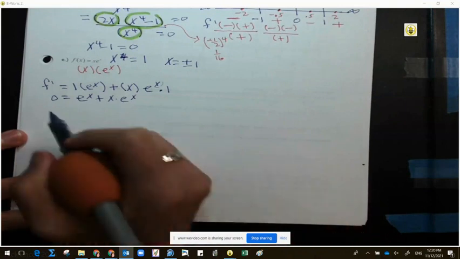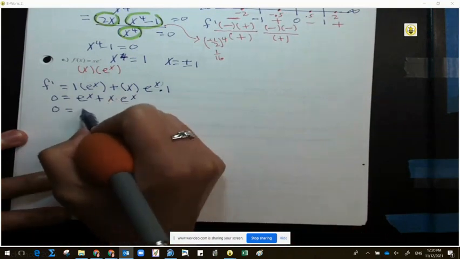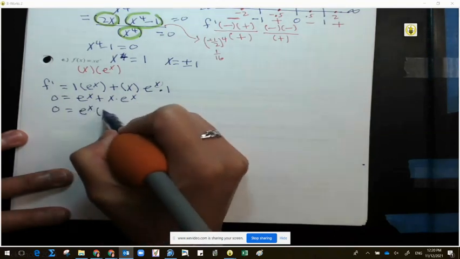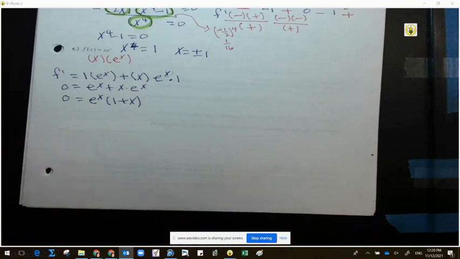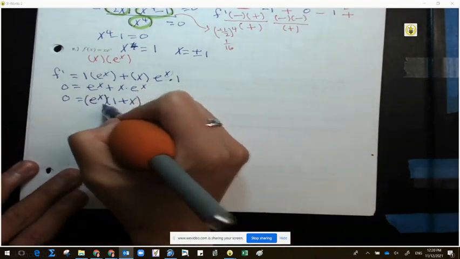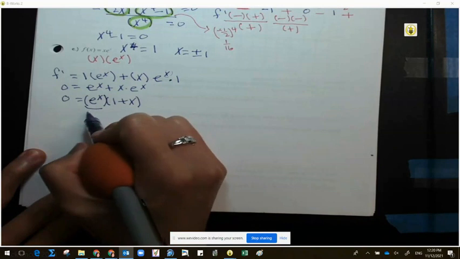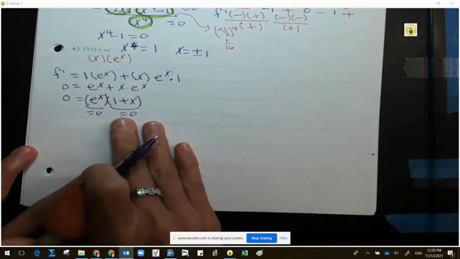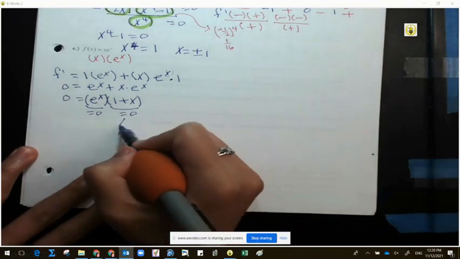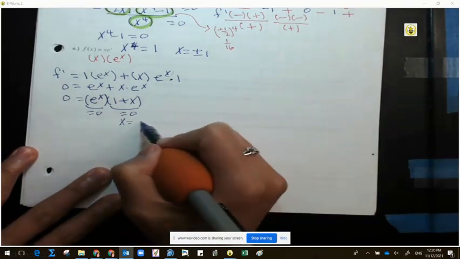What can I factor out? e to the x. So when I do, I get 1 plus x. And I'm going to put that in parentheses. So I need to set this one equal to 0 and this one equal to 0. So I want to talk about the second piece first. The second piece is going to give me x equals how many? -1.